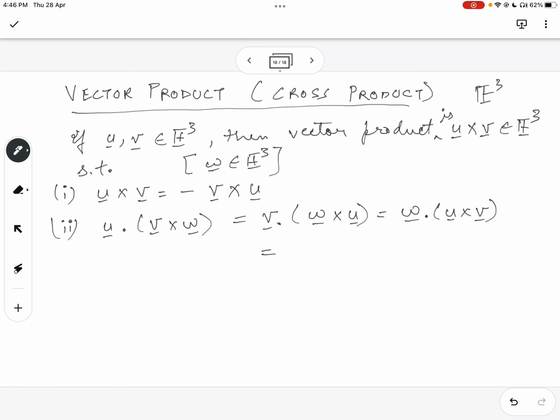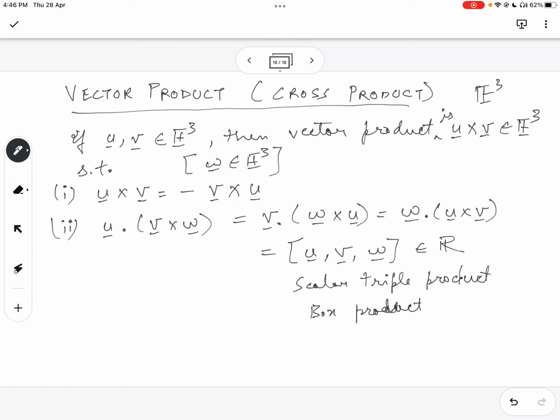This can be written in this form, which is called a scalar triple product and the box product. This quantity belongs to the set of real numbers.